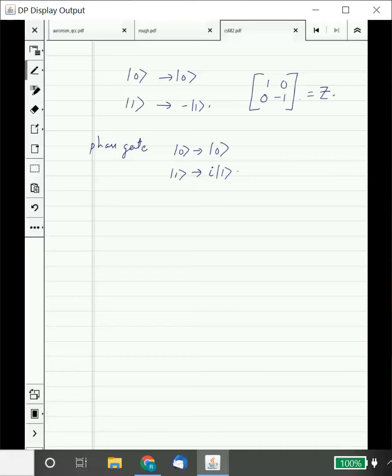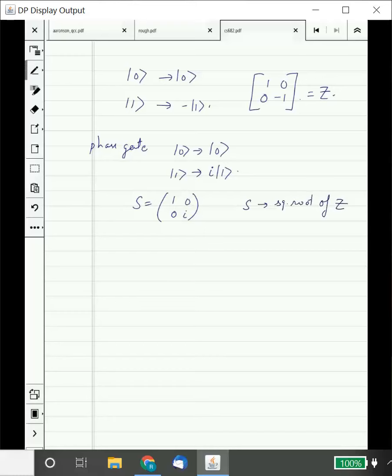The matrix representation of this gate would be this. You can convince yourself by squaring that S is a square root of the Z gate.